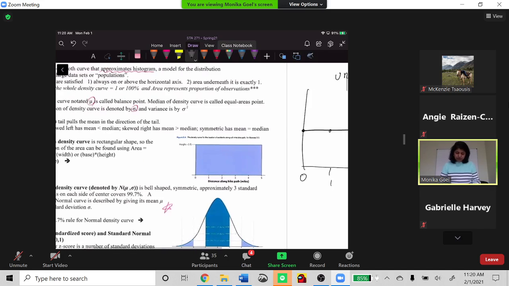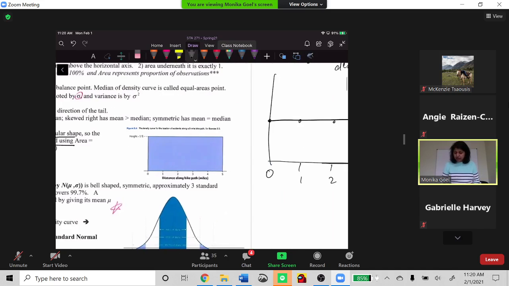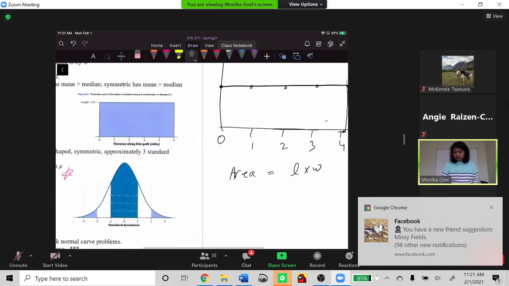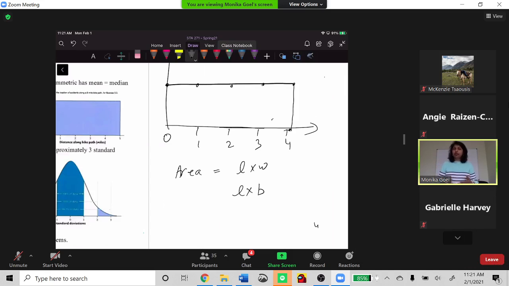And the definition is also given here. Uniform density curve is a rectangular shape so that the proportion of the area can be found the same way how we find the area of the rectangle. And how do we find the area of the rectangle? Is length times its width, right? And sometimes we say length times its breadth. So when we are looking for area under the rectangular curve, first of all, we know how to find the area of a rectangle.